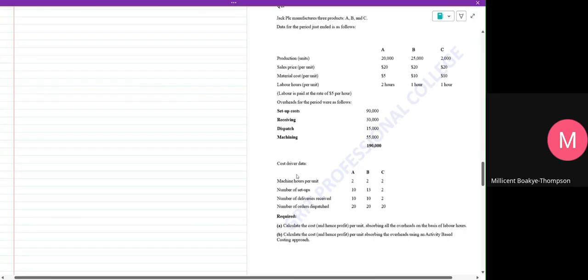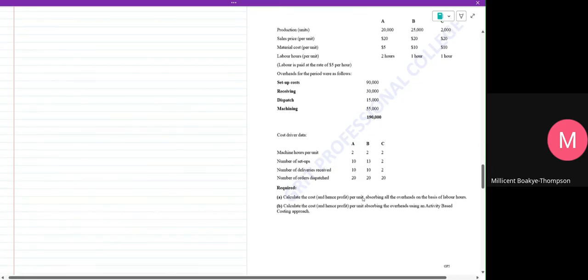Overheads for the period were as follows: setup cost 90,000, receiving 30,000, dispatch 15,000, and machining 55,000, all making a sum of 190,000.